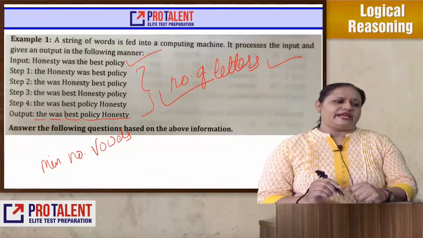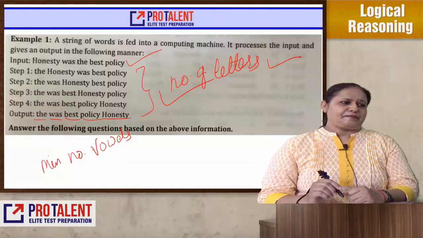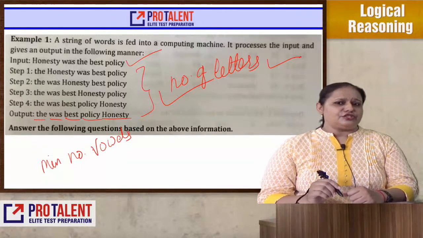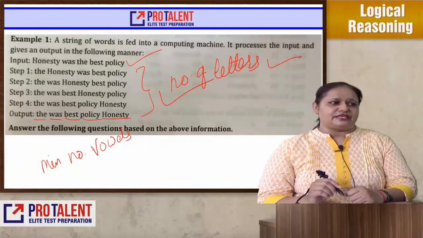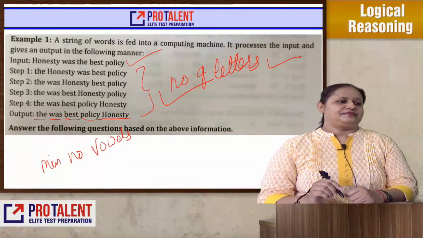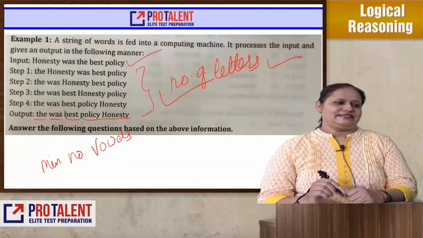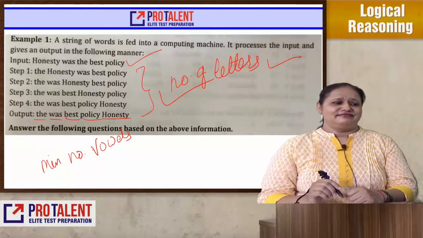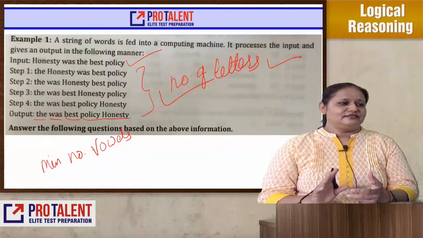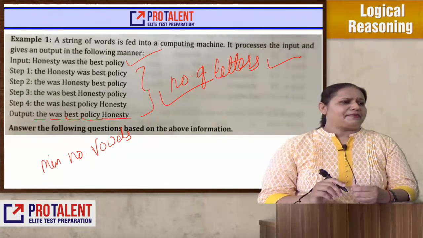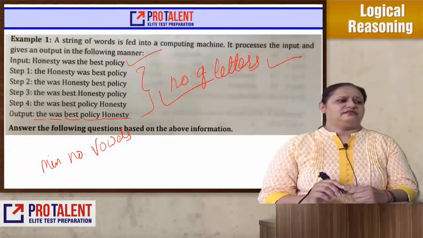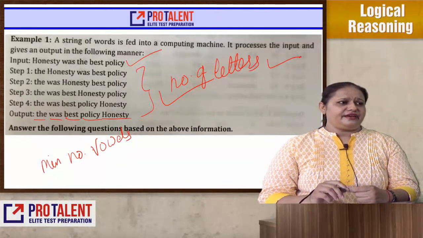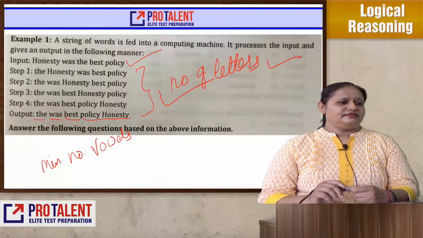What else? So these are the two logics that have come up. Any other logic? Shenzhen, Pranjal, today Pranjal is not there. Shrey is not there.